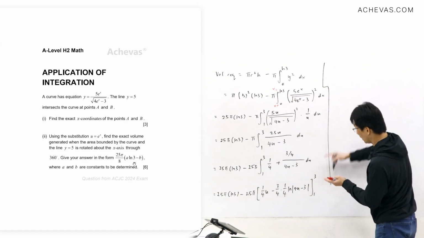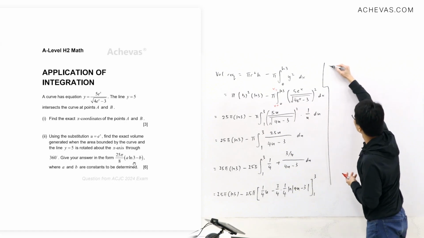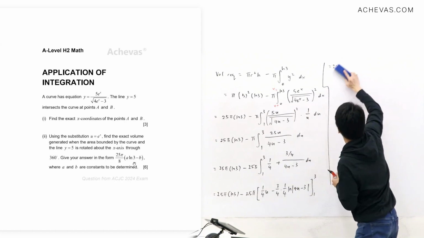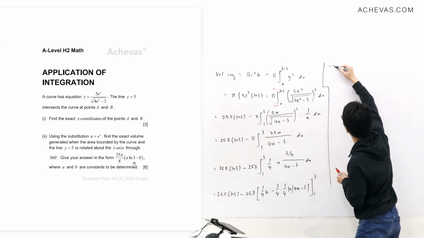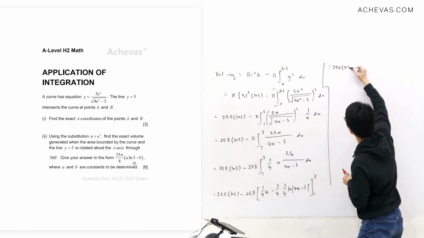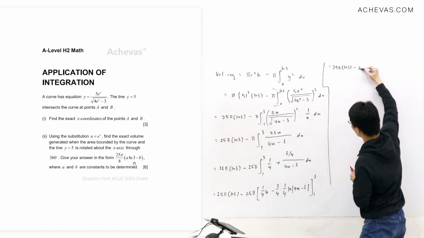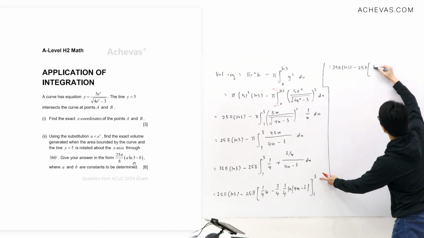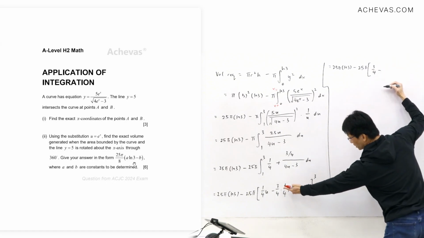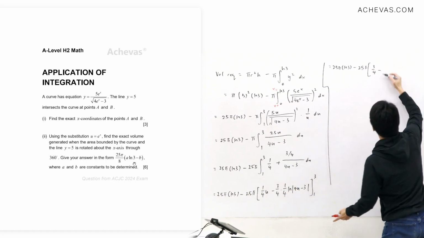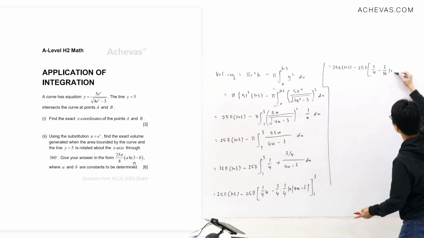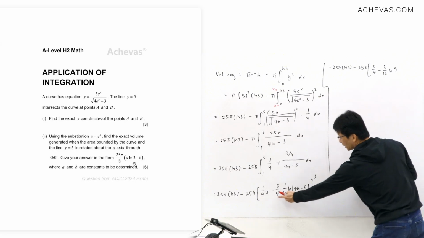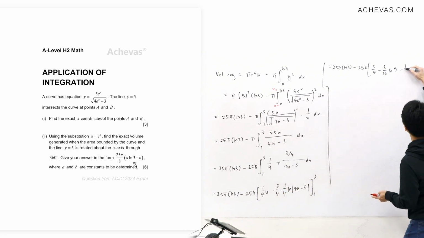So when u equal to 3, I get 25 pi ln 3 minus 25 pi. Put in 3, I'll get 3/4, minus, put in 3 here. This is actually 3 over 16, so 3 over 16 ln. Put 3 inside here, you will get ln 9. Then when you put 1 inside here, you get minus 1/4.